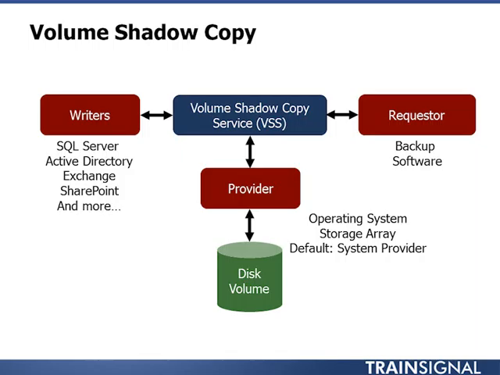Every backup, at some point, has got to have some kind of a cut in order for that backup to take effect. What volume shadow copy allows you to do with these writers, with that integration with the applications, is to take an application consistent copy.